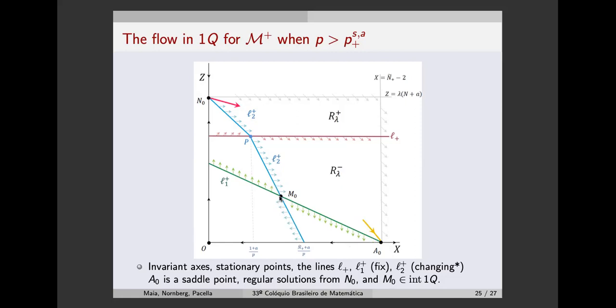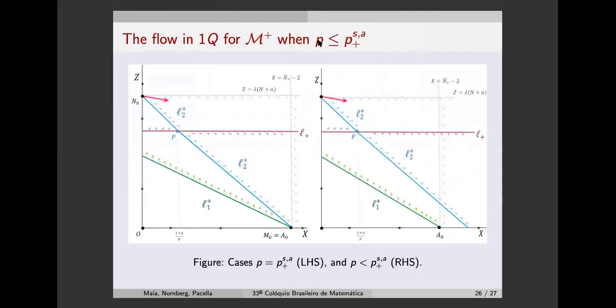At M0, depending on p, it's going to be a center, source, or a sink. And (0,0) is just a trivial stationary point where the horizontal line is stable and the vertical line is unstable.